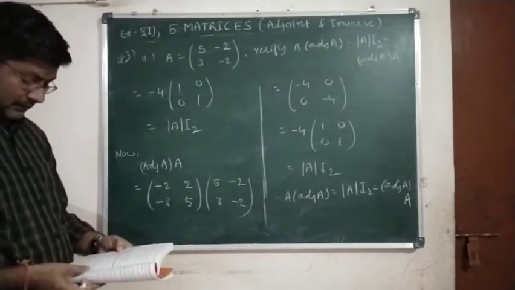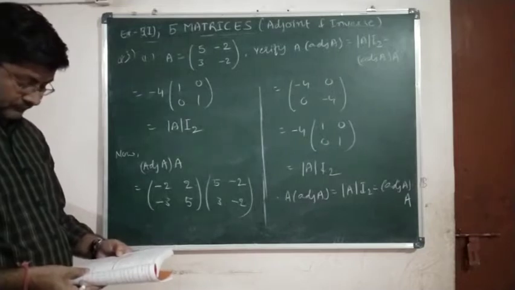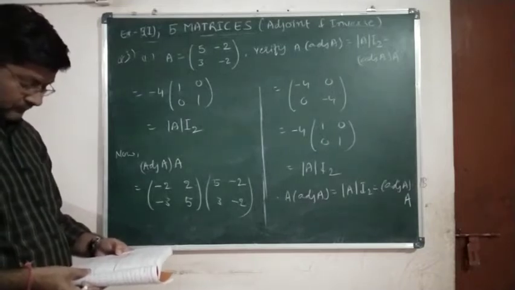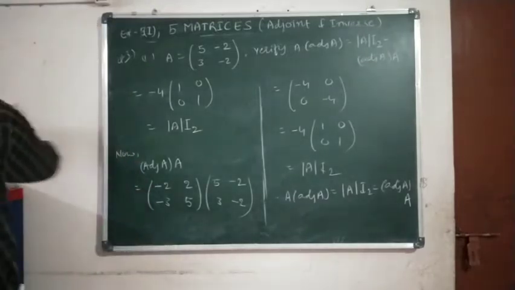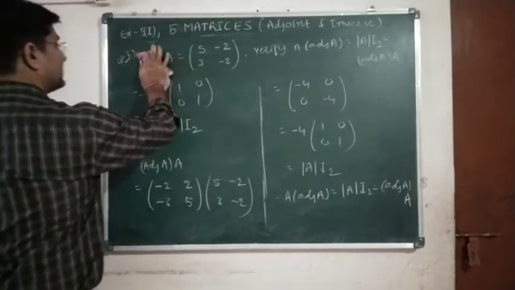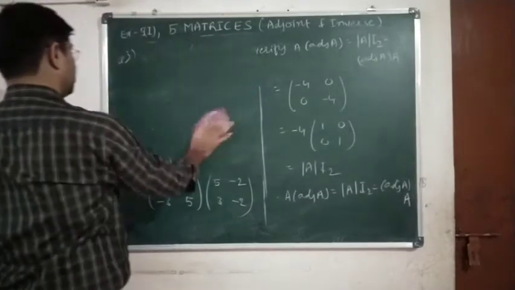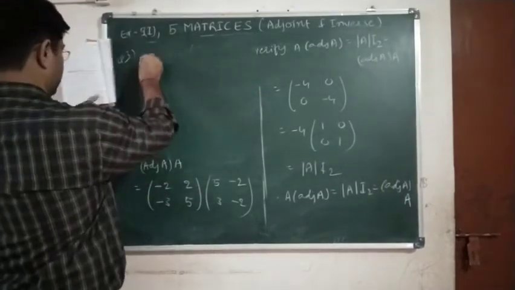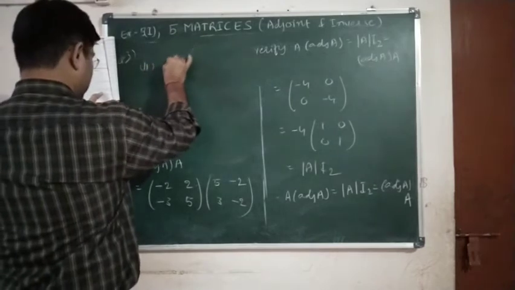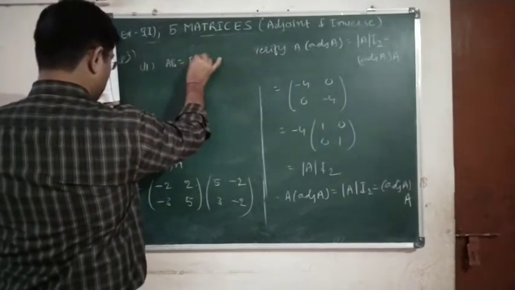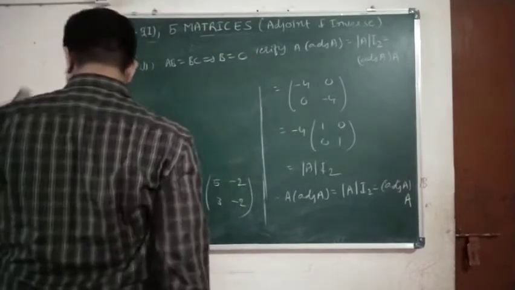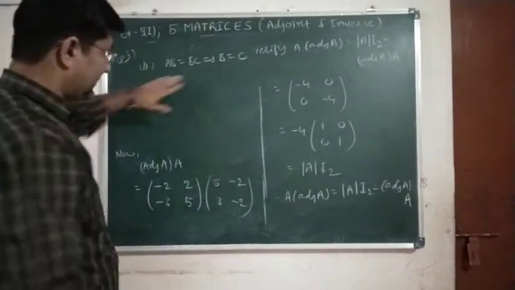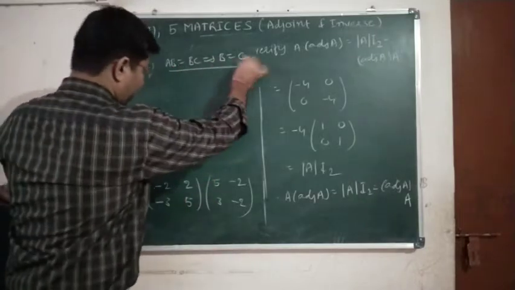What is the second part? That can be done orally. That is again a property, the cancellation law. Second one, AB is equal to BC implies B is equal to C. So in which condition for A is this statement true?